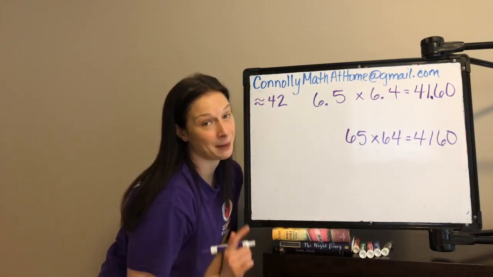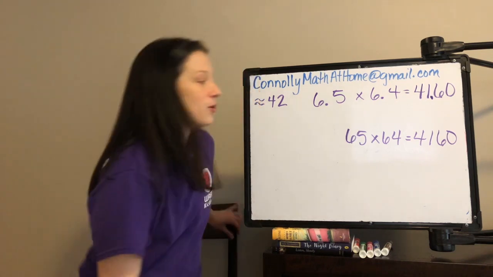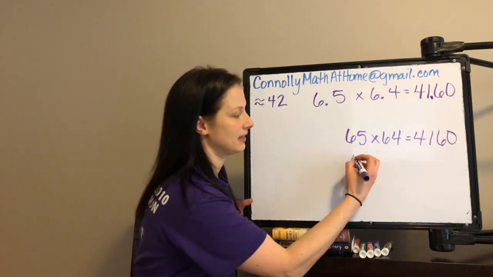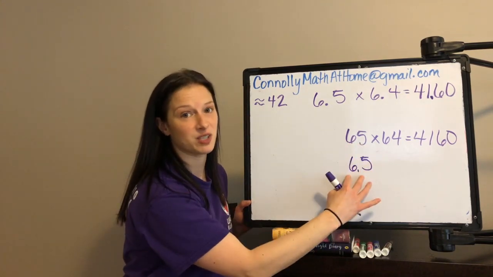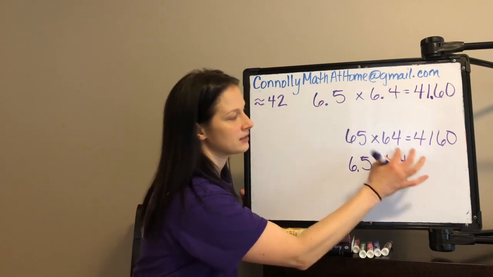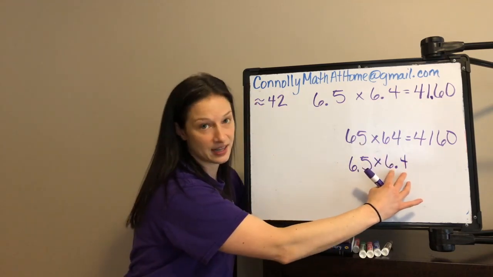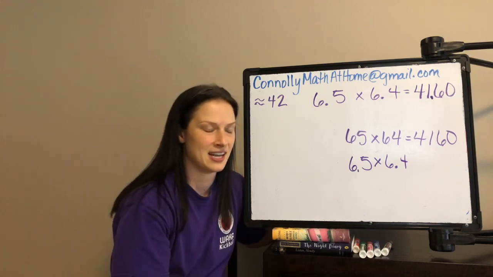But we need to talk about why, all right? So you noticed that 65 got 10 times smaller. 64 got 10 times smaller. But our product didn't get 10 times smaller.